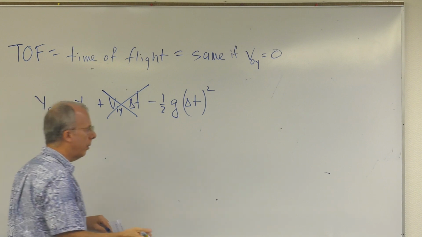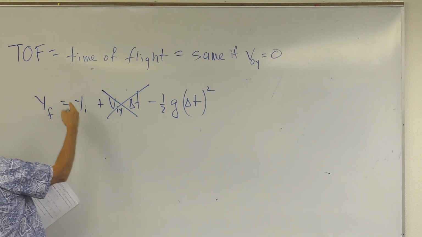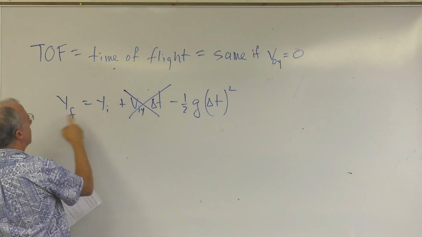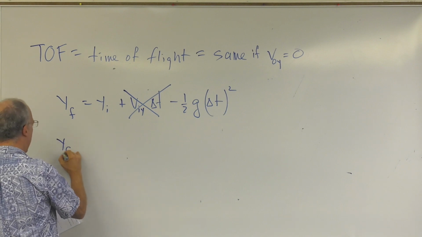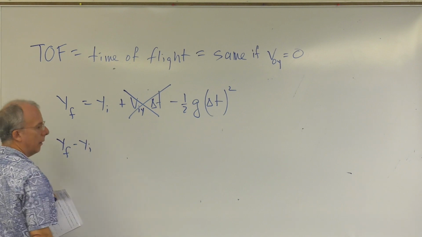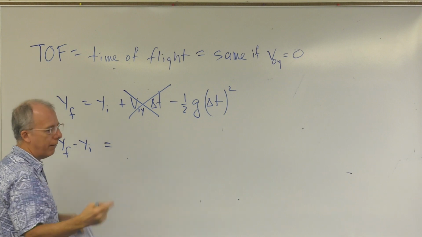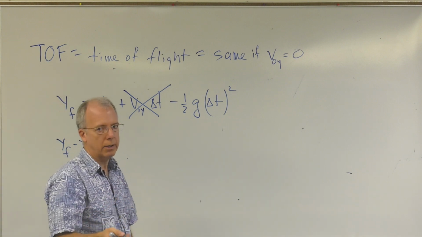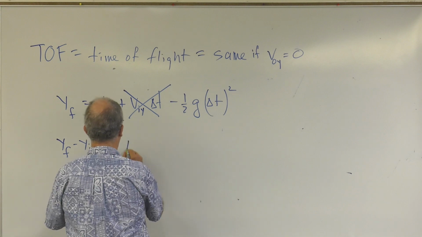Let's make it simple and subtract y initial, putting it on the other side. So we have y final minus y initial. What is that? It's delta y.